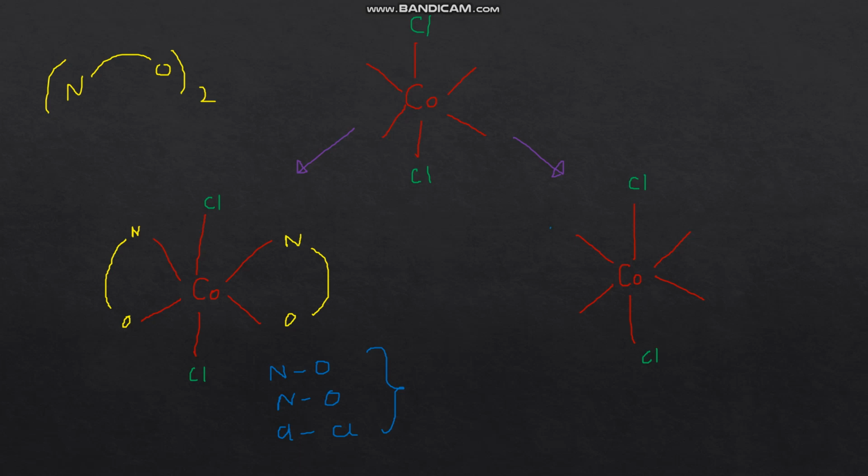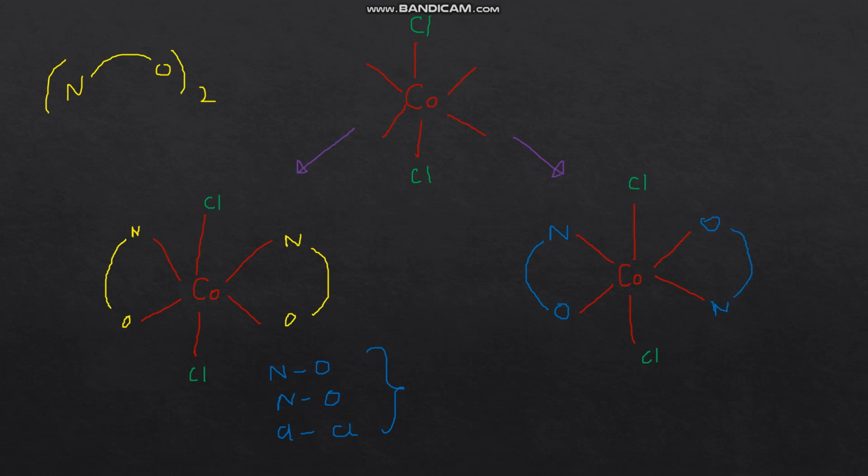If I align nitrogen here and O here, always make a habit of drawing the first ligand, so it will make things simpler. So I have to align nitrogen opposite to nitrogen. So I'm aligning nitrogen here. We have aligned nitrogen opposite to nitrogen. Now oxygen opposite to oxygen, because this is an NO ligand.